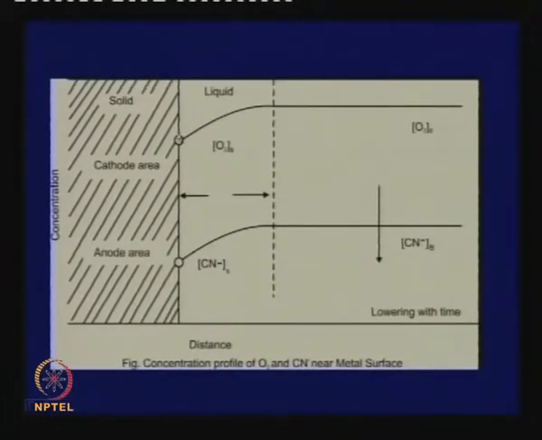We have done this sort of analysis, particularly in the case of cyanidation of gold. There is a surface where there are gold particles and cyanide ions are in the solution. Cyanide ions have to diffuse towards the surface. The oxygen has to diffuse to the surface, and the gold cyanide that forms at the surface has to diffuse out.